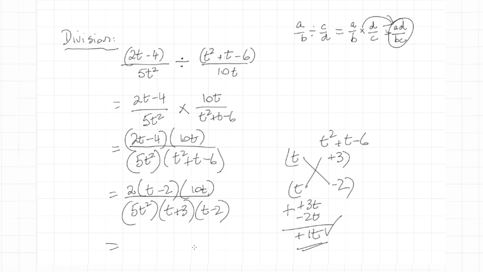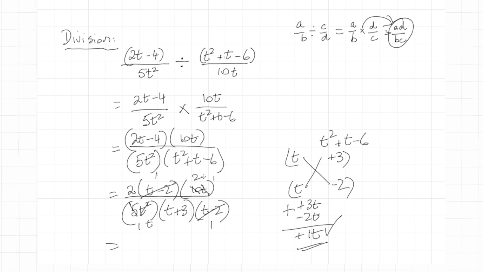We've got the t minus 2's will cancel out. We've got a 5 into 5 goes once, 5 into 10 goes 2. And we've got a t into t goes once, and t into t squared just goes t times. Now it's a bit tricky getting all these together.